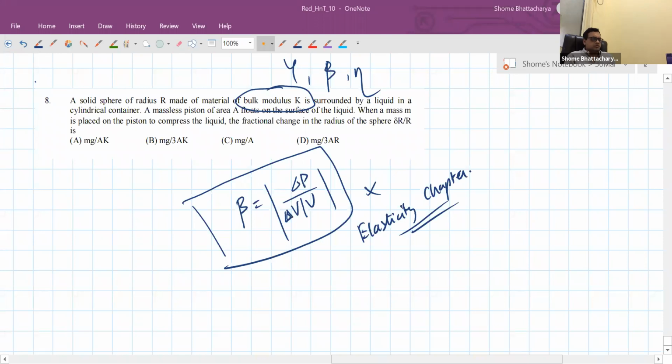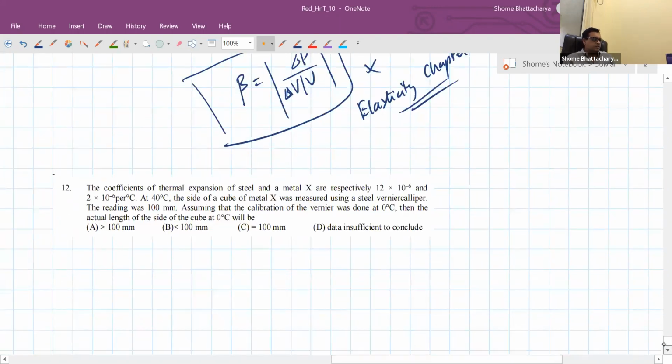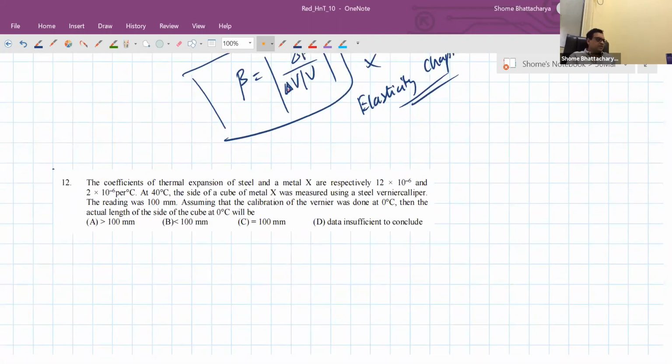Okay, let's see one more question. Let's try to finish this one also. So 12th question. Coefficient of thermal expansion of steel and a metal X are given.